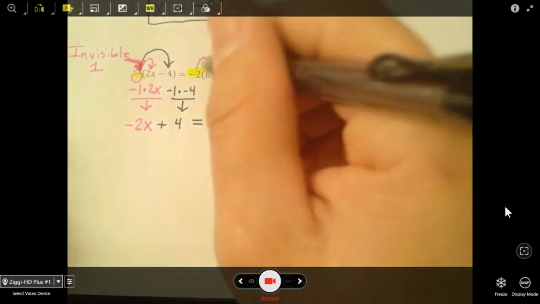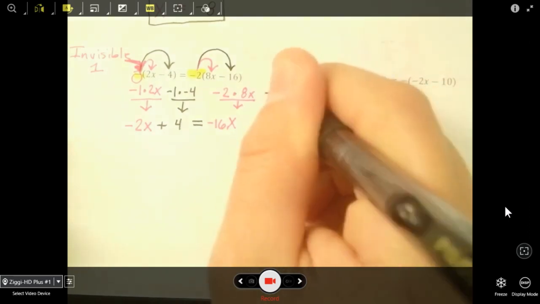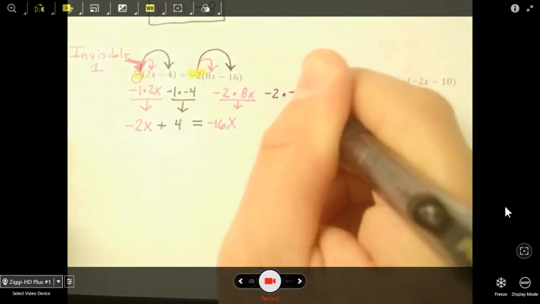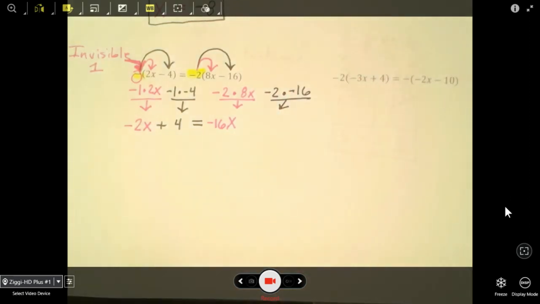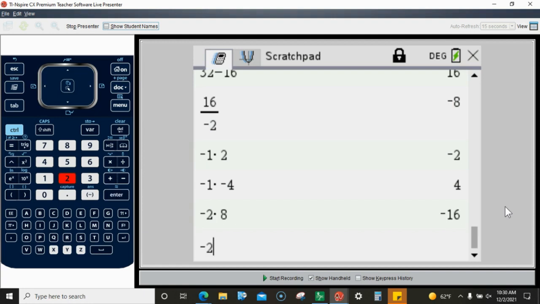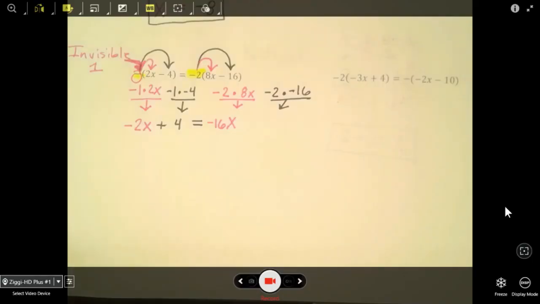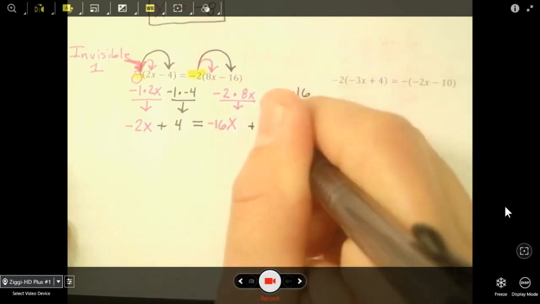And then I'm going to take this -2 and multiply it to my -16. So -2 times -16, and we'll see what that gives us. And that gives me +32. So I'm going to go ahead and put +32.